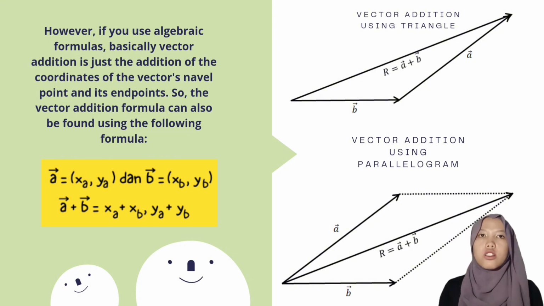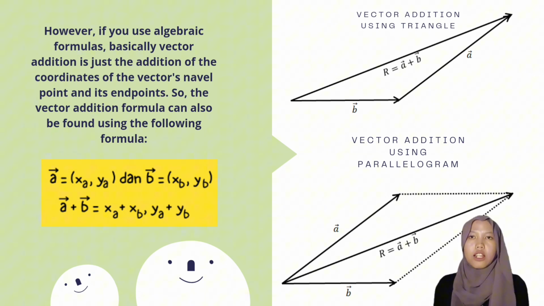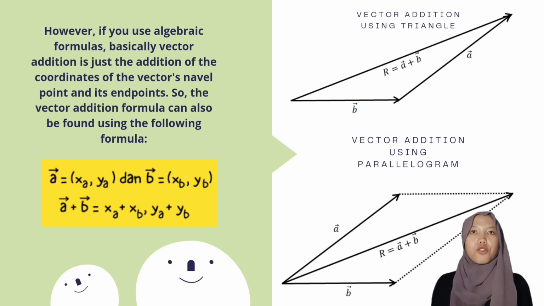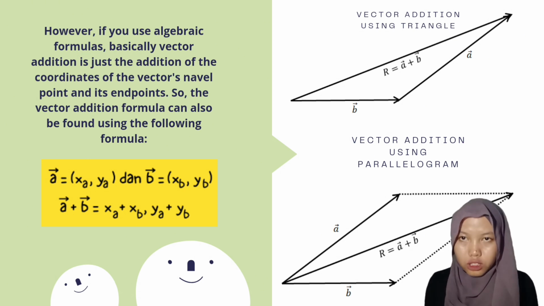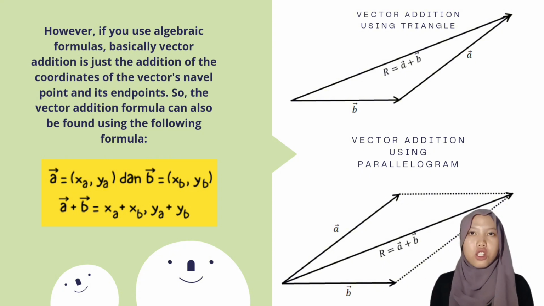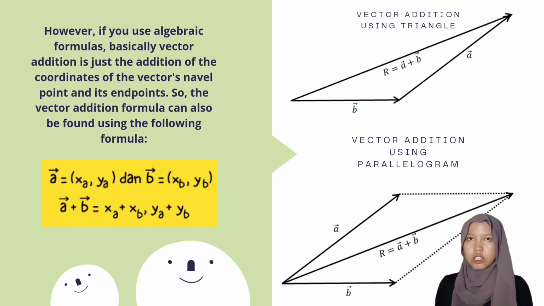If we use a parallelogram, it is similar to the triangle, but we use the parallel sides. However, if you use algebraic formulas, vector addition is basically just the addition of the coordinates of the vectors' initial points and endpoints.